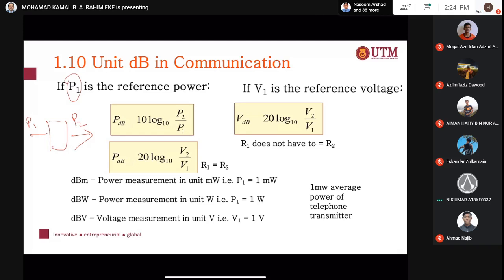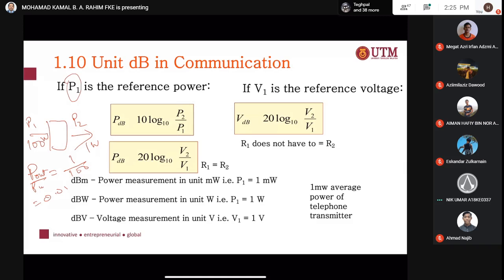Say the input is 100, and the output becomes 1. So you can find the dB value of the output over input. P output over P input is 1 over 100, so in terms of absolute value you have 0.01.